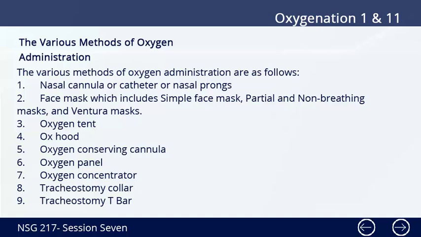Number 3, oxygen tent. Number 4, oxygen hood. Number 5, oxygen conserving cannula. Number 6, oxygen panel. Number 7, oxygen concentrator. Number 8, tracheostomy collar. And number 9, tracheostomy T-bar.